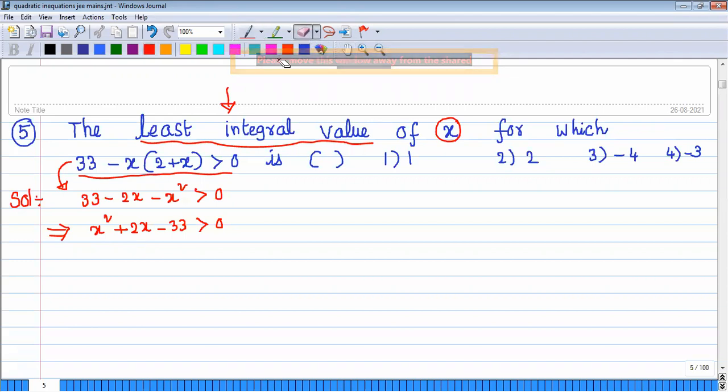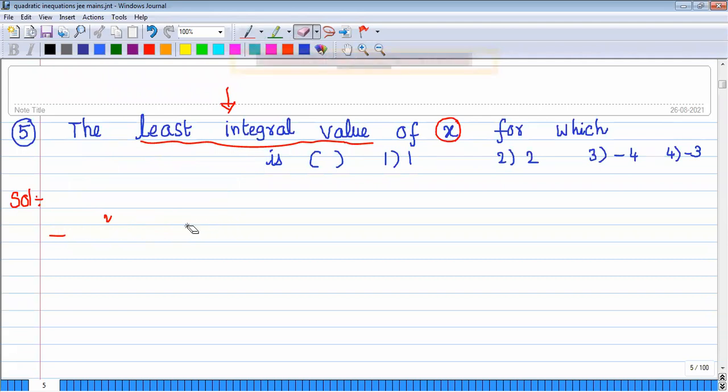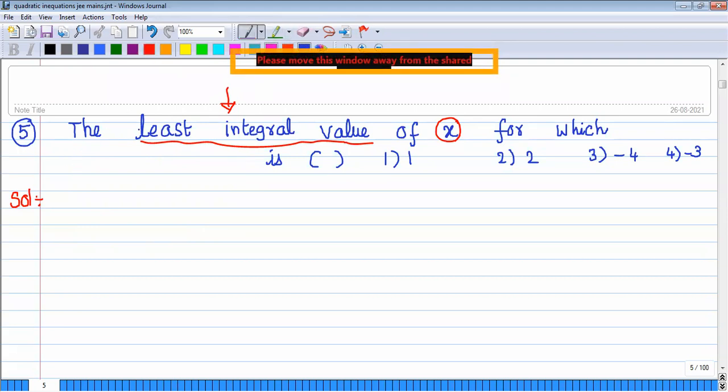Sorry, one minute, I gave the question wrong. 33 minus x times 2 plus 3x greater than 0.